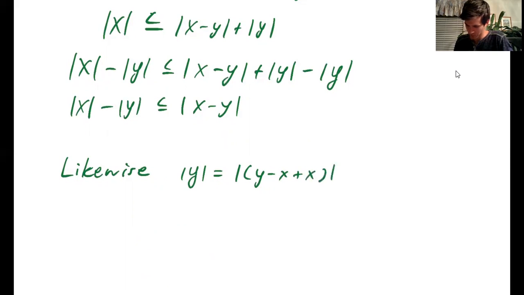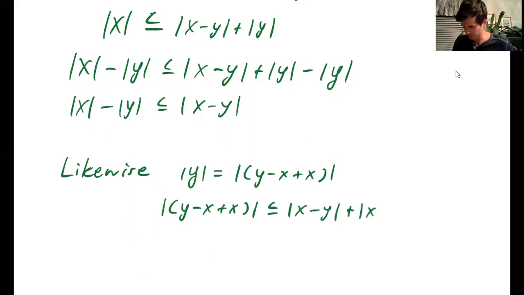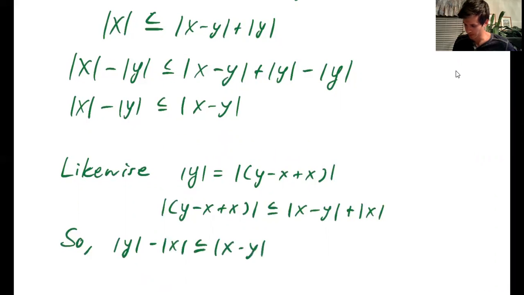We're literally doing the same thing we did before. The absolute value of y minus x plus x is less than or equal to the absolute value of y minus x plus the absolute value of x. So the absolute value of y minus the absolute value of x is less than or equal to the absolute value of y minus x. Notice we just did the exact same thing.